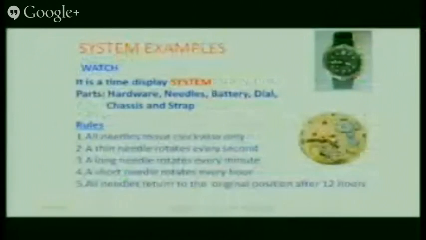There are parts all should move only every second. There are rules.